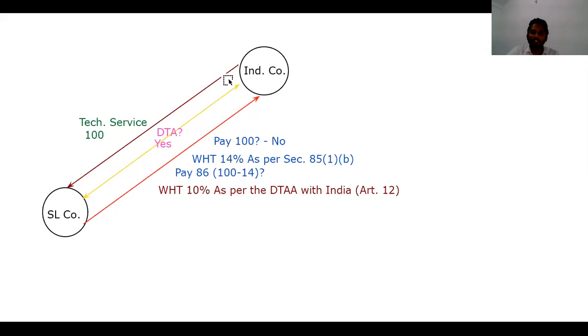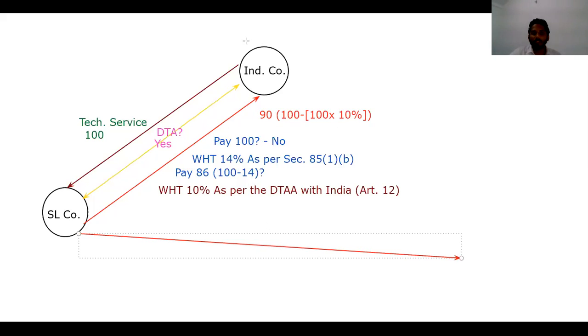So we will pay only 90, after deducting 10% of 100. That 10, whatever the deducted amount, you need to remit to the Inland Revenue Department, the tax office.